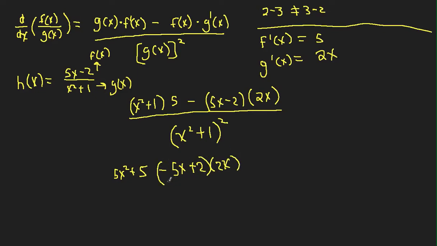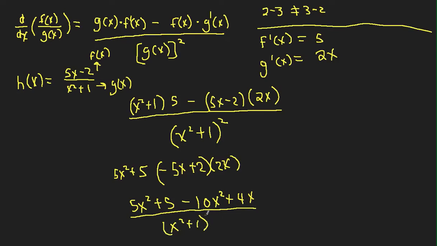So we distribute the 2x: we're left with 5x squared plus 5. Distributing the 2x times the negative 5x leads me to minus 10x squared. And the 2x times the positive 2 is just a positive 4x. So over, remember, it's important, x squared plus 1 squared.